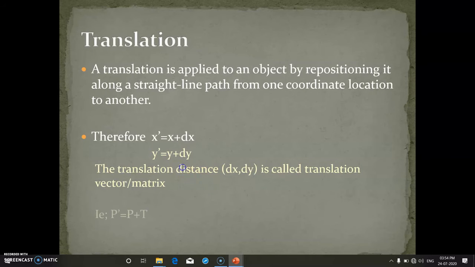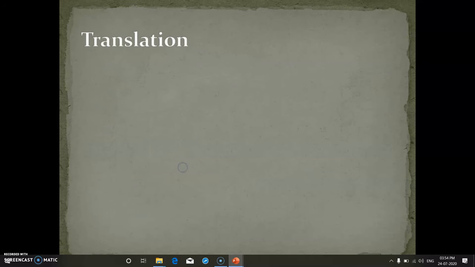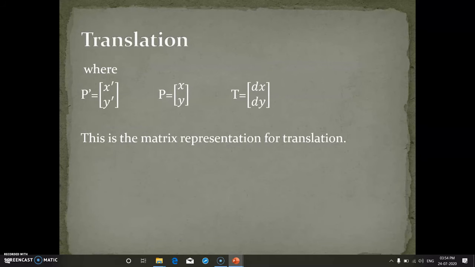Now the equation will be P dash is equal to P plus T, where P dash is equal to x dash, y dash, P is equal to x, y, and capital T, the translation vector or matrix, is equal to dx, dy. So this is the matrix representation for translation.